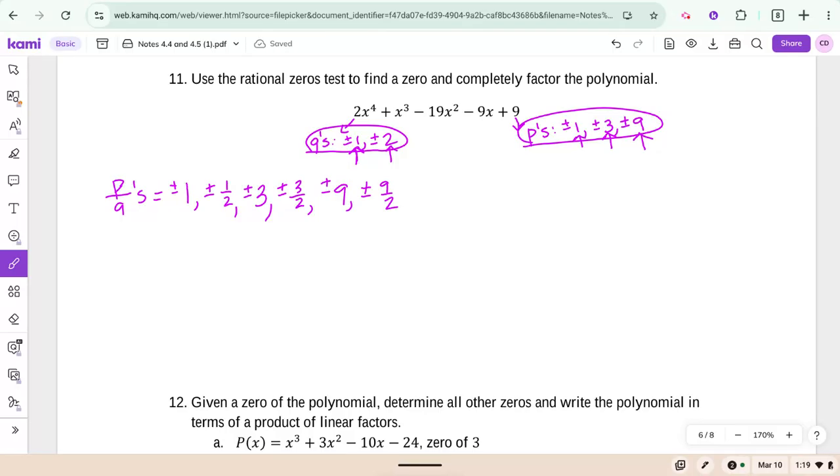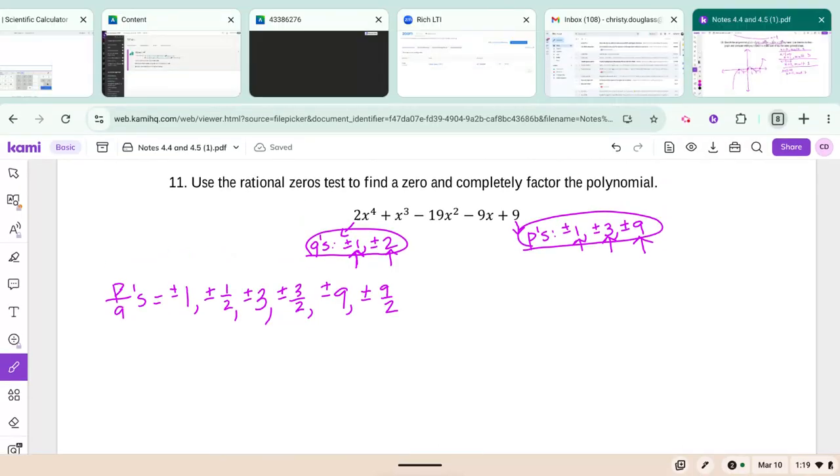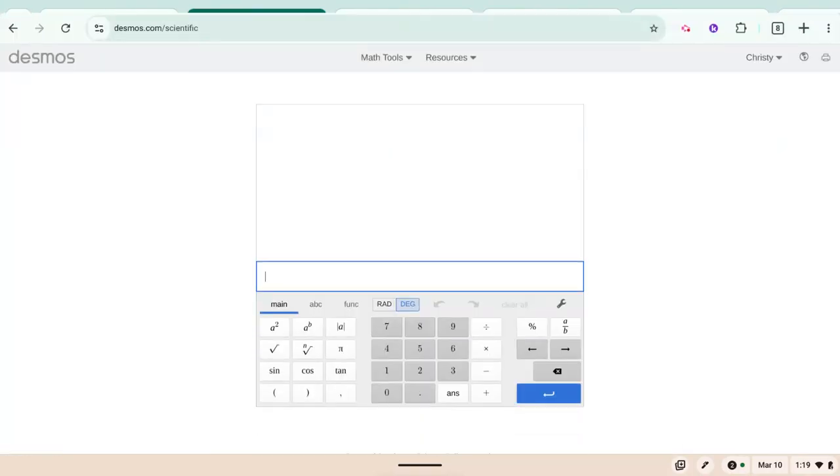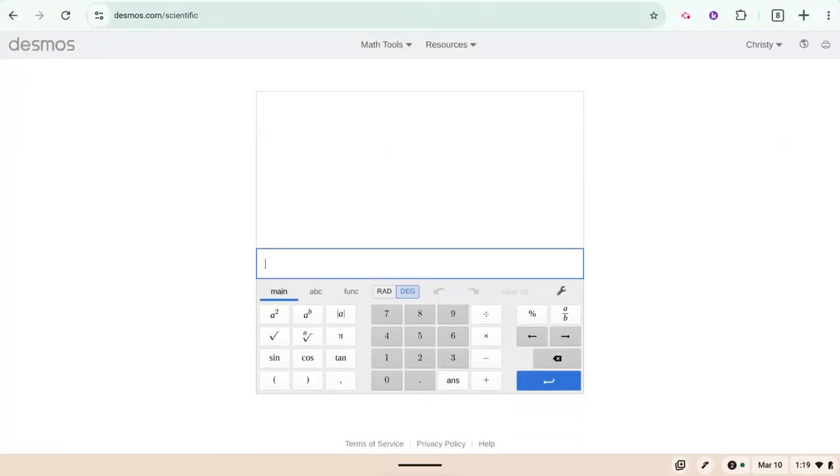So we could test them out. The way you could test them out is you could do synthetic division, or you can simply substitute these numbers until you find the ones that equal 0. Okay? So, for example, I'm just going to go to my scientific calculator this time.